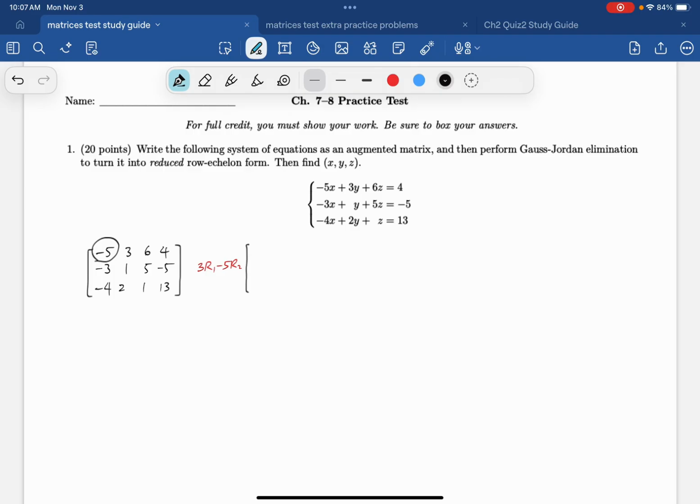Yeah, that's correct. Negative 15 minus negative 15, which is 0. So that'll give me a 0 there in that first position. And then similarly, on the very third row, I'm going to do 4r1 minus 5r3. That is going to give me negative 20 minus negative 20.